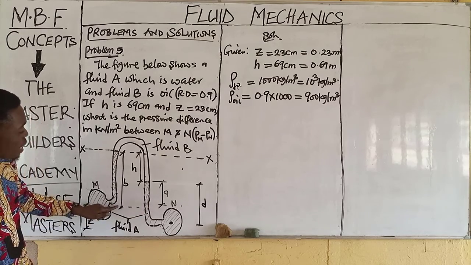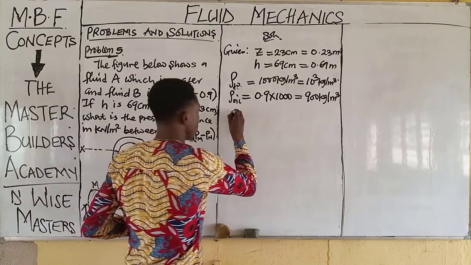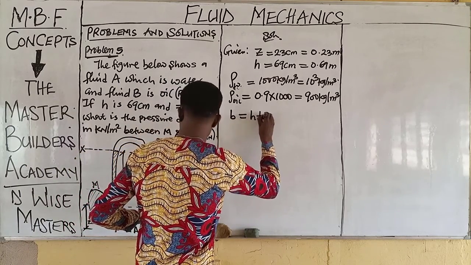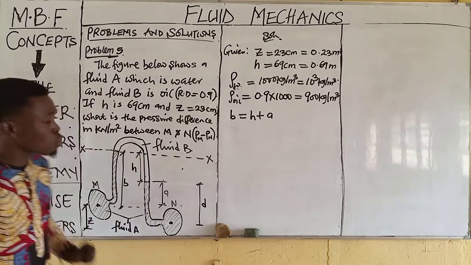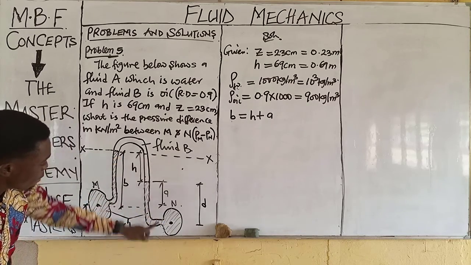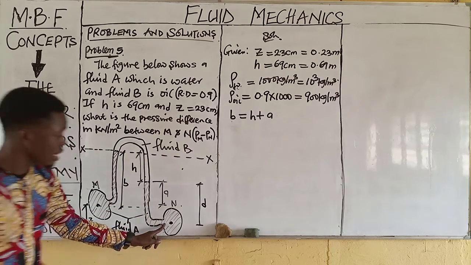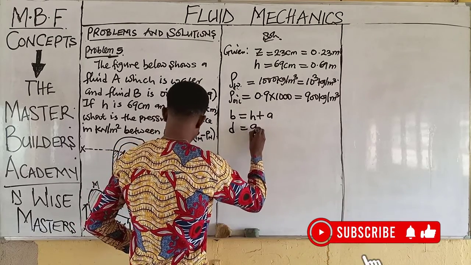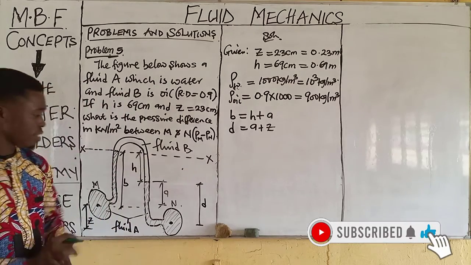Now we understand that B is equal to H plus A using geometric relationship. So we have B is equal to H plus A. Are we there? Then as we move further, the value of D would be A plus Z, because we said that from here to here is A and from here to this center is Z. That means D is equal to A plus Z. This is it.